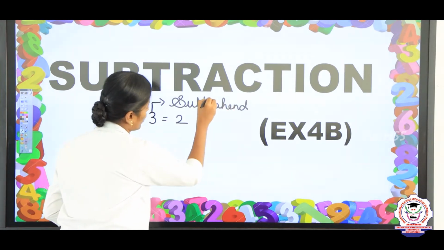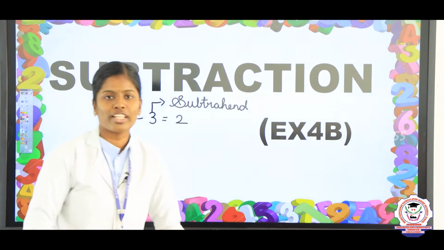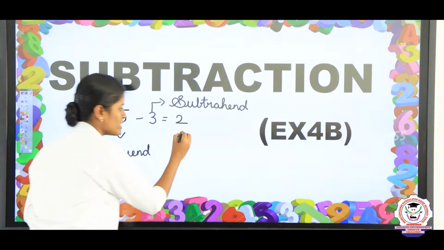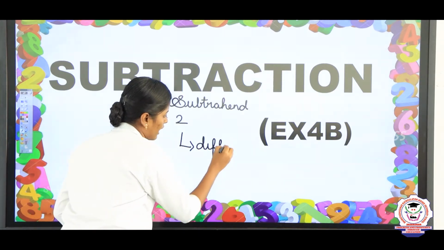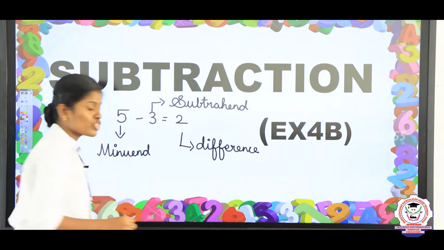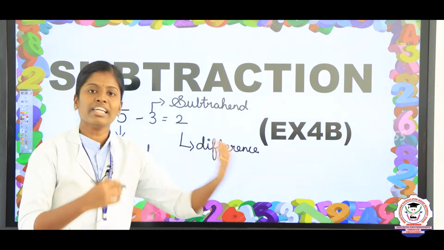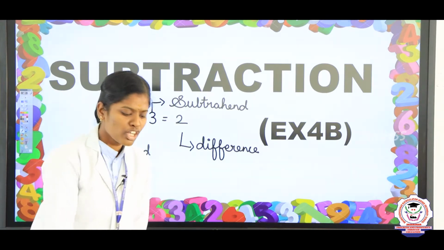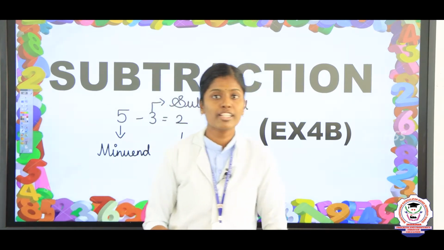S-U-B-T-R-A-H-E-N-D. And finally the answer we get is called the difference. D-I-F-F-E-R-E-N-C-E. So the first number is called the minuend, the second number is called the subtrahend, and the final answer is called the difference.